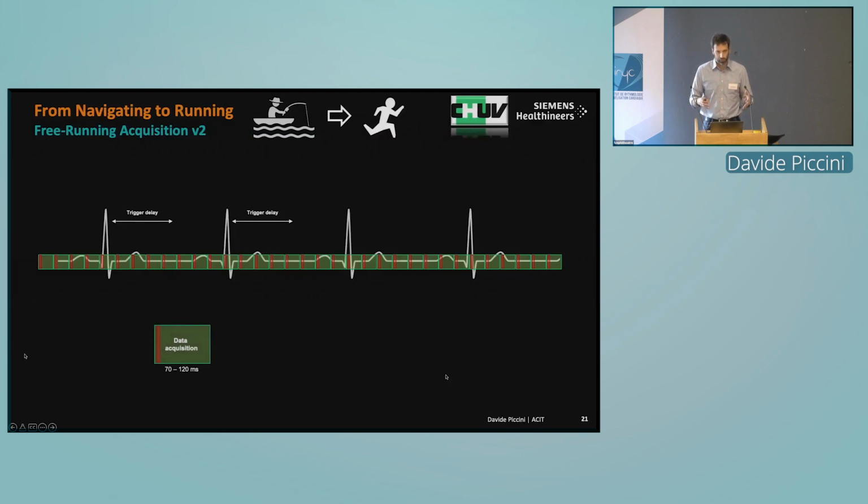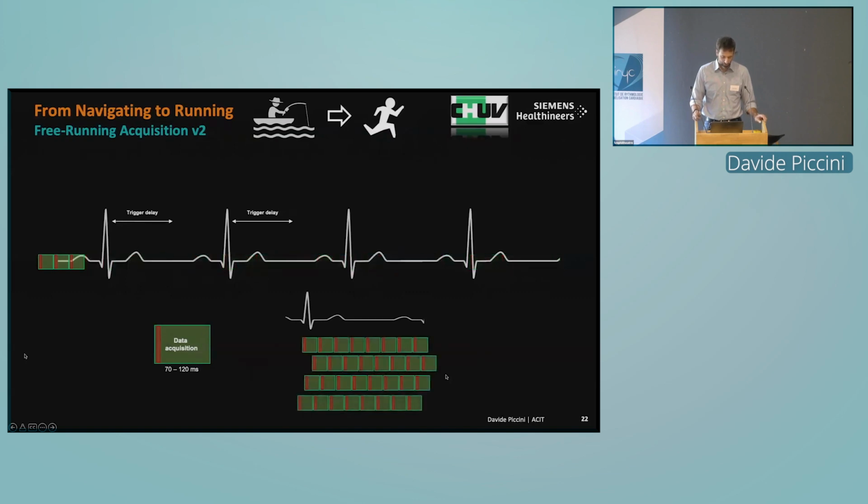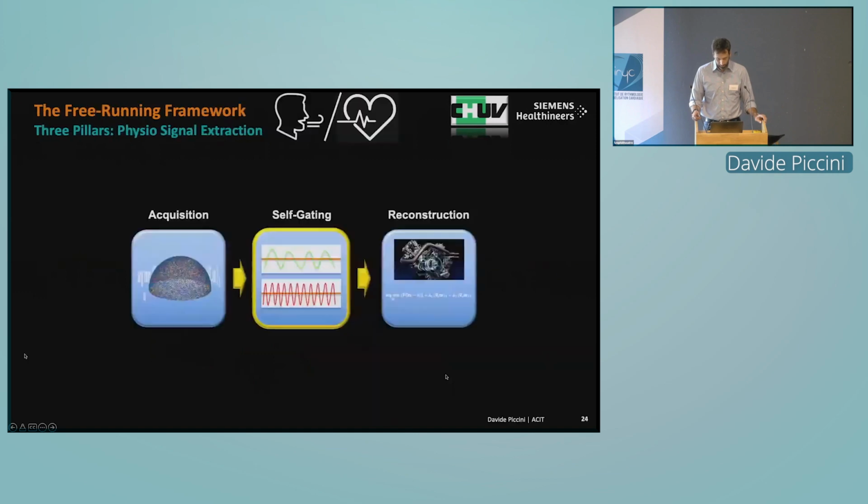It's just data acquisition. So there are no pauses for doing preparatory pulses, at least in the basic sequence. And then the concept is the same. You have both motions encoded, and then in the reconstruction, you try to align everything to have a consistent cardiac phase and respiratory phase. And here comes the self-gating part.